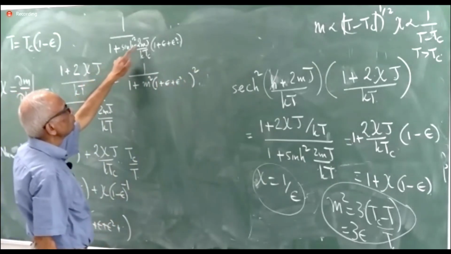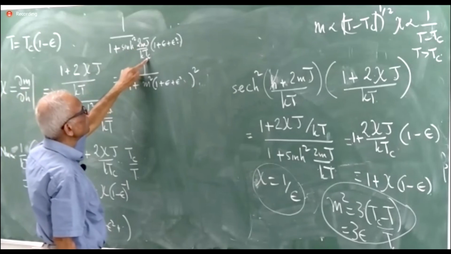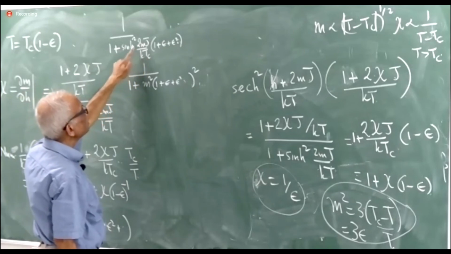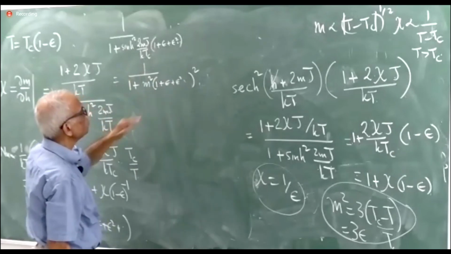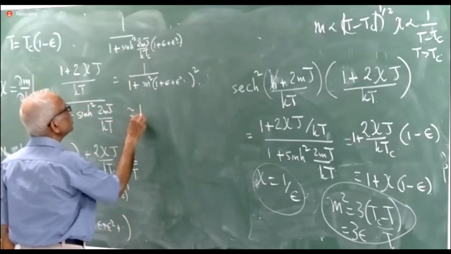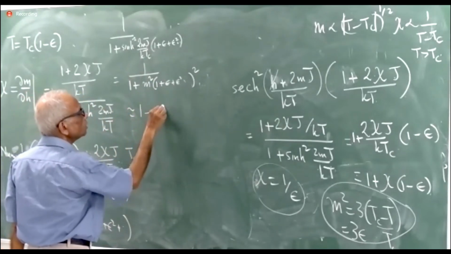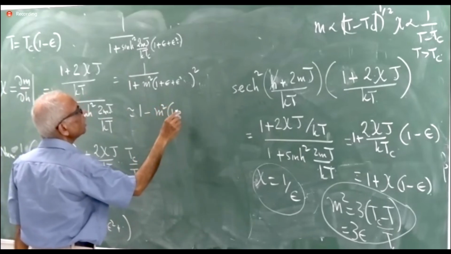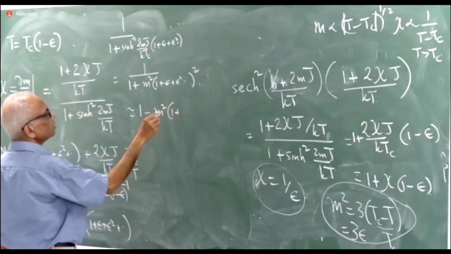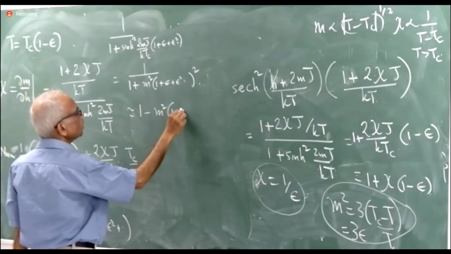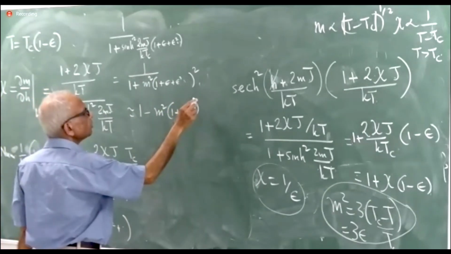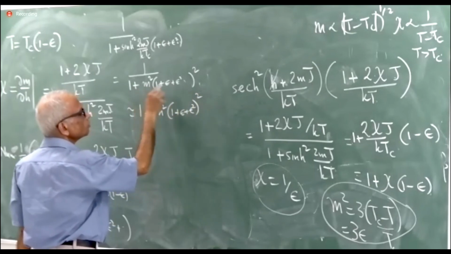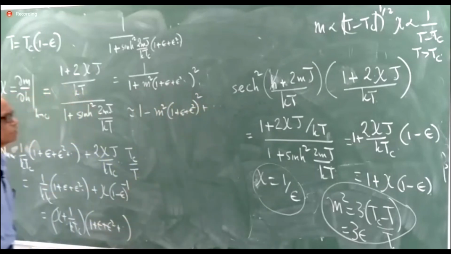So 2J over kTc is equal to 1, and then it is sinh squared m, or m is this, so it is m plus higher order terms, which is 1 minus m square into this whole square, so it is 1 plus epsilon square whole square, so 1 plus higher order terms.